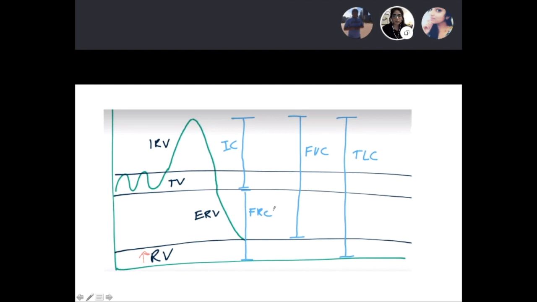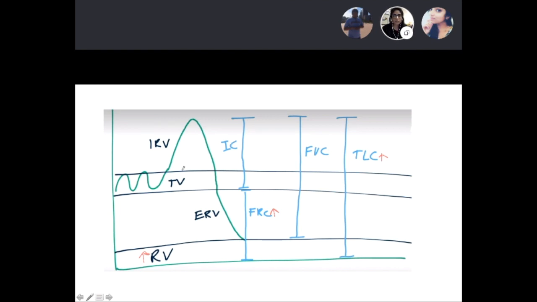And as a result, the FRC increases, which leads to the total lung capacity to increase. The vital capacity, or the FVC, which means the same thing, stays relatively normal, unless, again, there is another restrictive process taking place at the same time.